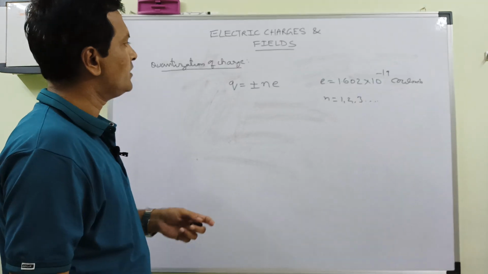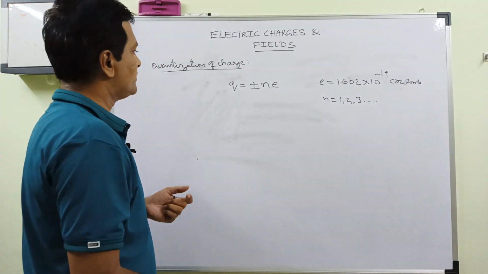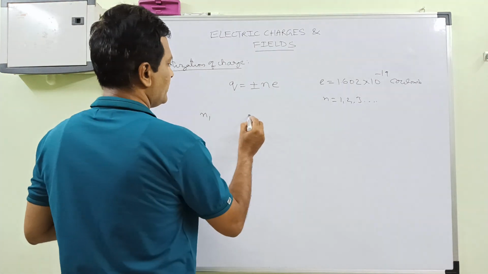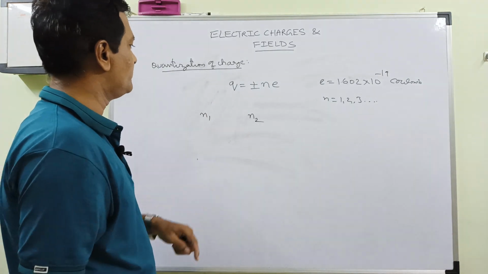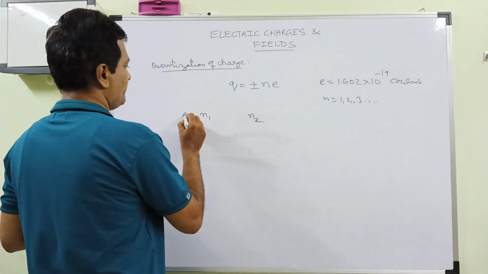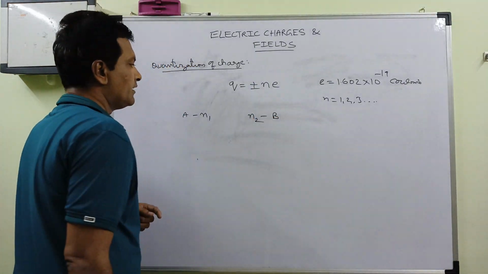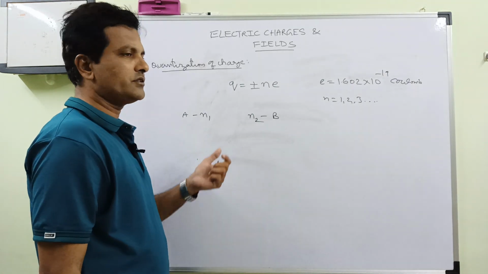In quantization of charge, suppose object A has N1 electrons and object B has N2 protons. What is the difference of charge?